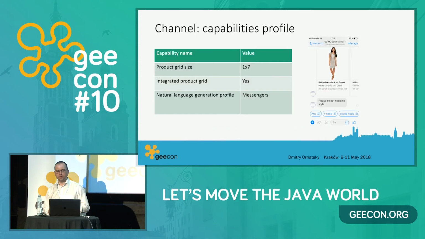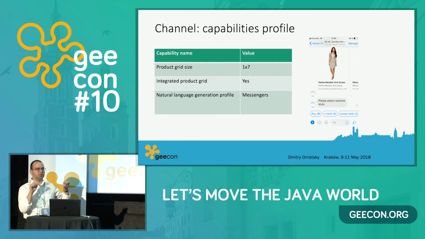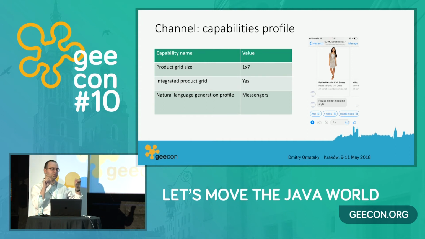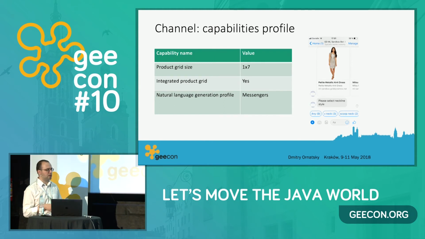So if you go back to that picture, there was this adapter box, right? What it does essentially is adapt the system to a particular channel. As I said, the grid on the mobile phone is probably smaller than it is on a desktop website. You don't want your Alexa or Google speaker to be as wordy as your desktop website.